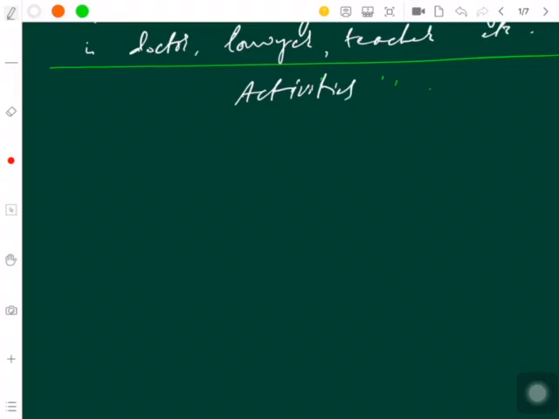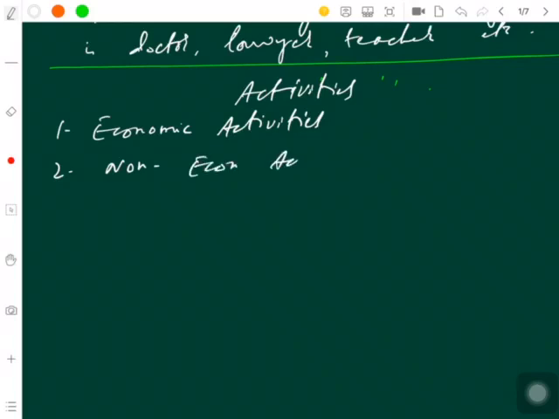Now these activities may be divided into economic activities and non-economic activities. So we have two categories of activities here. We will talk of economic activities first. The activity which is basically related to use of scarce resources in an economy is called an economic activity.